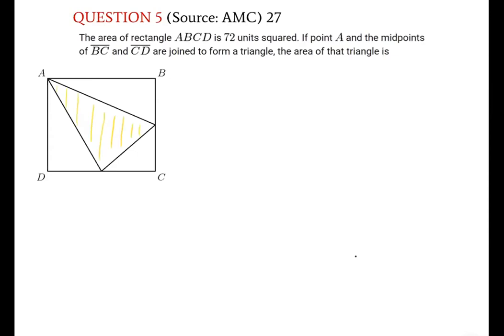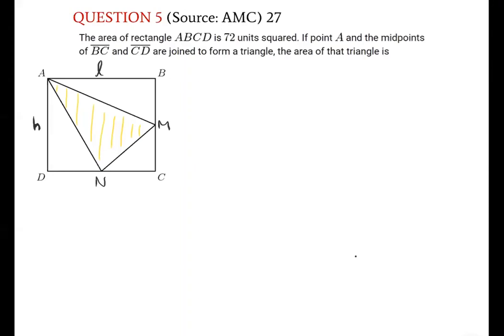So let's first call this midpoint M, and let's call this midpoint N. So, and let's also call the side AD, we'll call the length of this side H, and BC will also be equal to H, and let's call this side L for length.